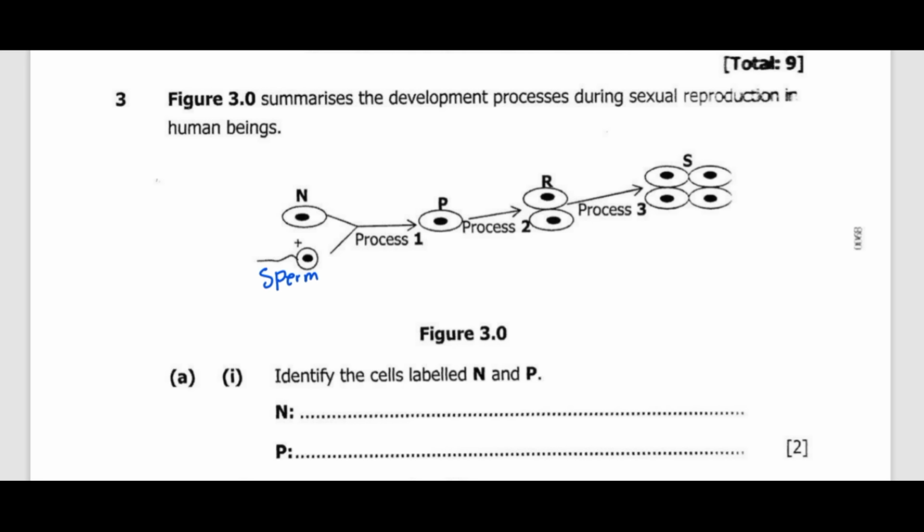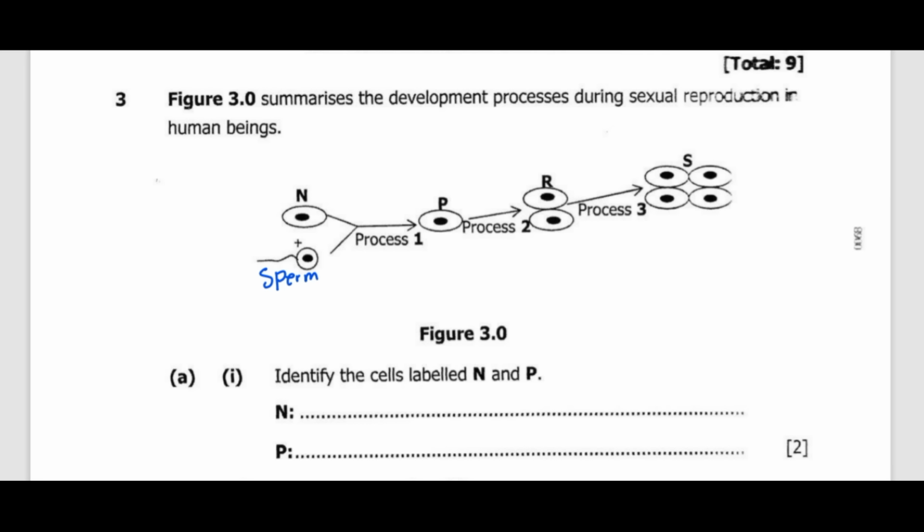Then if this is a sperm cell, we have the picture of this structure N. We know that there is a cell that fuses with the sperm cell during the process of fertilization to give us the fertilized egg, which we are going to look at later. So after these two fuse, this will give us process 1.